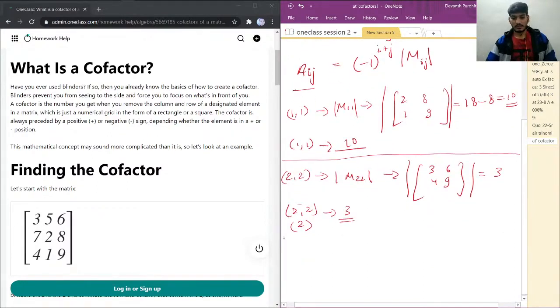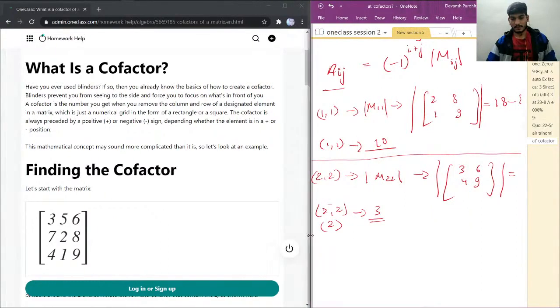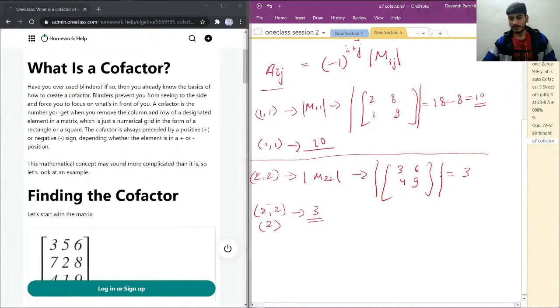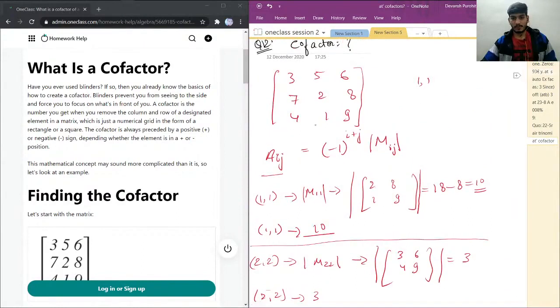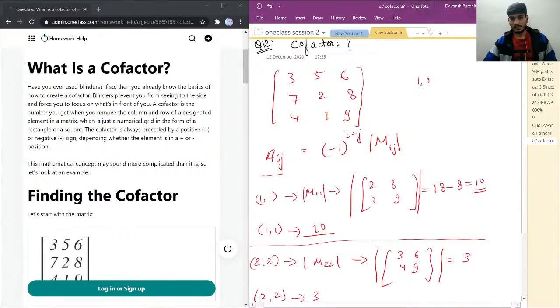Now let's calculate for a negative term. Let's calculate the cofactor for this one. So for this I will block the row and column that 1 is lying in.